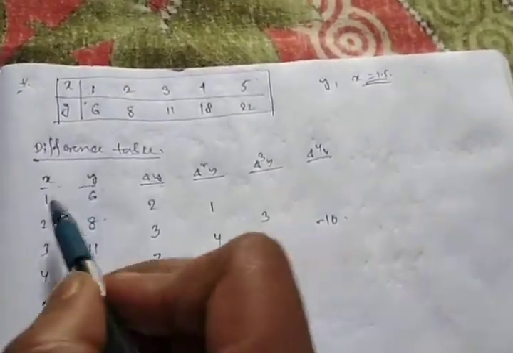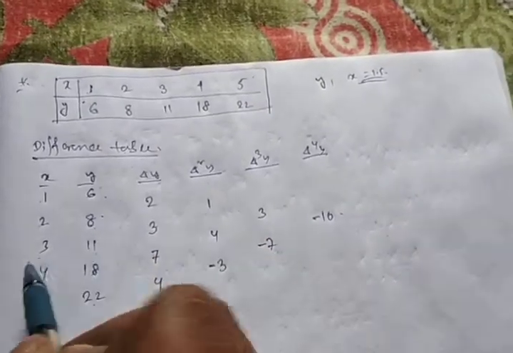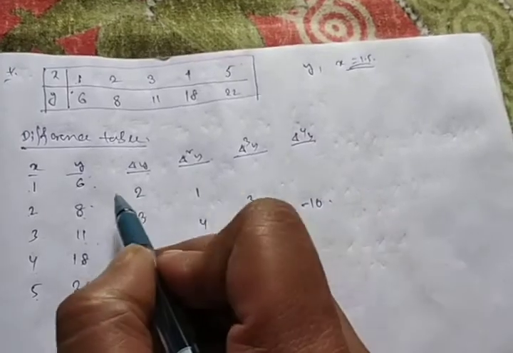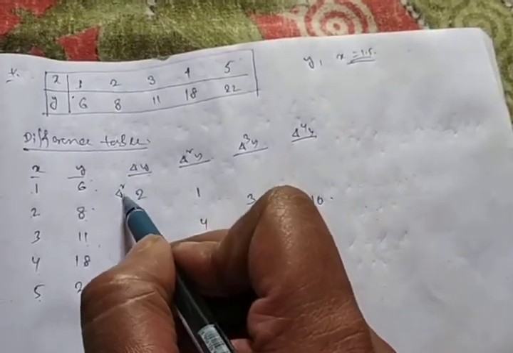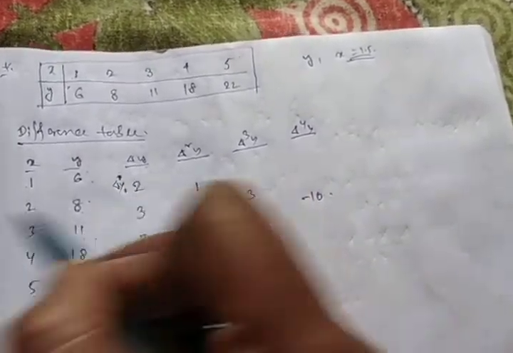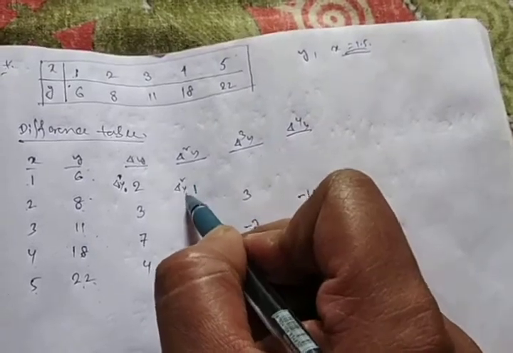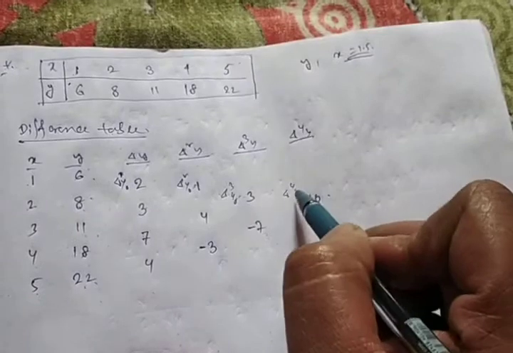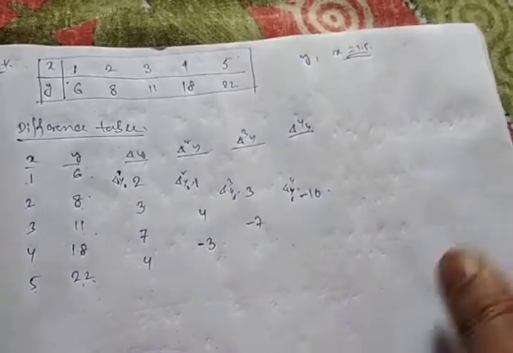Now if we take x0, y0, x1, y1, x2, y2, x3, y3, x4, y4, then these values are delta y0, this is delta square y0, this is delta cube y0, this is delta to the power 4 y0. Okay.